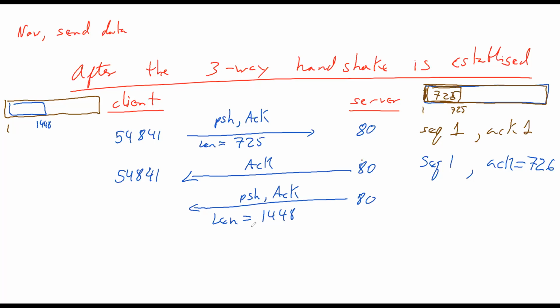Additionally, it is sending its own data, 1448. Here again, it's still at sequence 1 because it's just starting to send data, and it's still acknowledging that on its buffer it's got 726. That goes to port 54841.